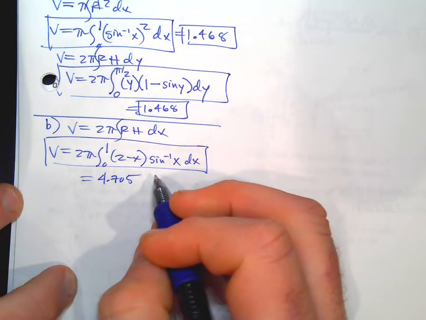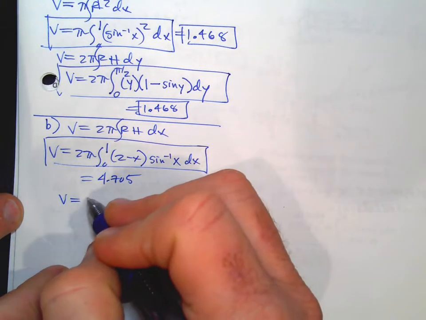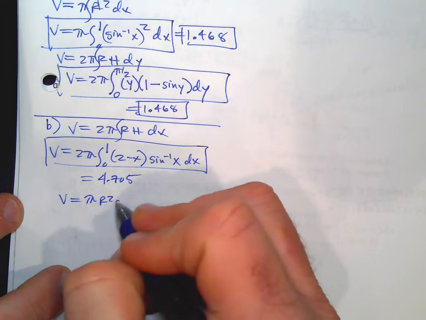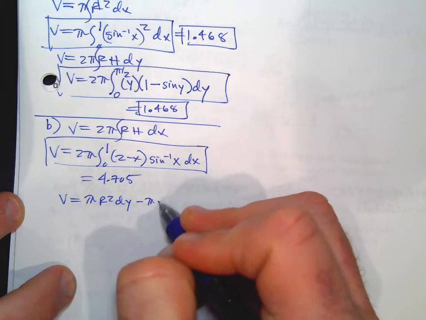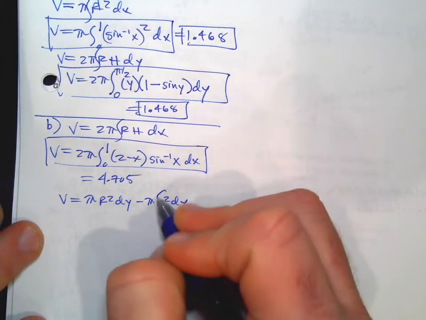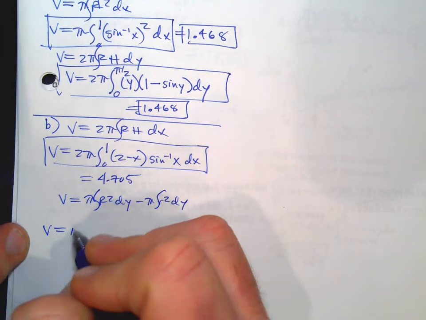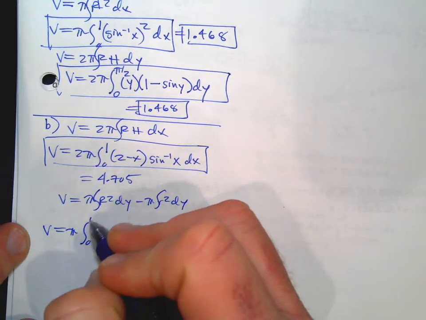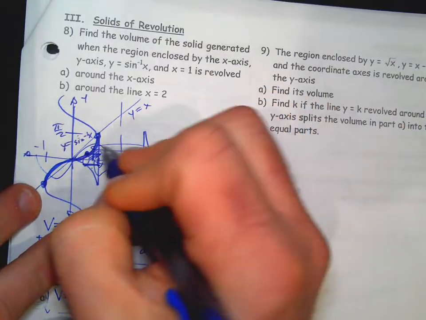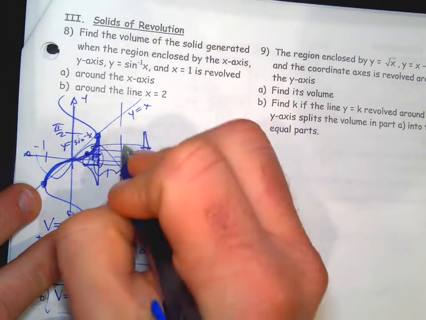The other way would be washers, pi R squared dy minus pi little r squared dy. The limits would be in the y direction, 0 to pi over 2. So you're slicing it this way now, right?